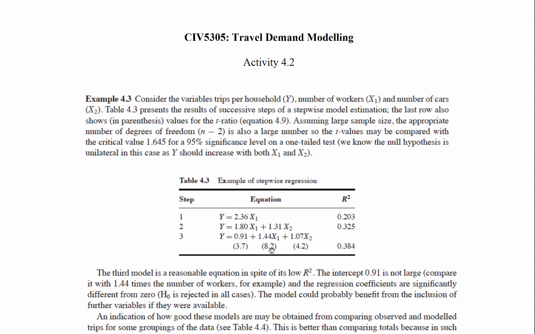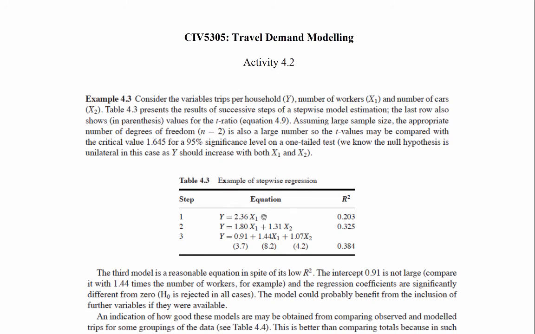The last row shows values for the t ratios for the estimated coefficients. Assuming large sample size, the appropriate number of degrees of freedom is also a large number, so the t values may be compared with the critical value of 1.645 for a 95% significance level on a one-tail test. We know the null hypothesis is unilateral in this case, as y should increase with both x1 and x2.